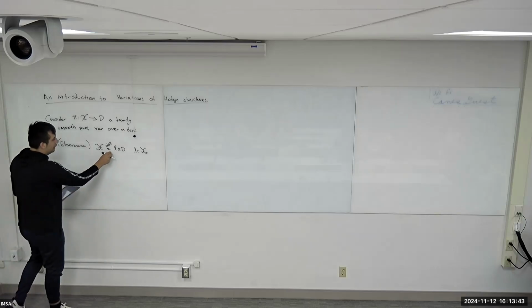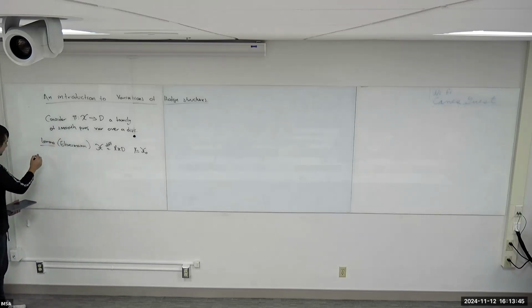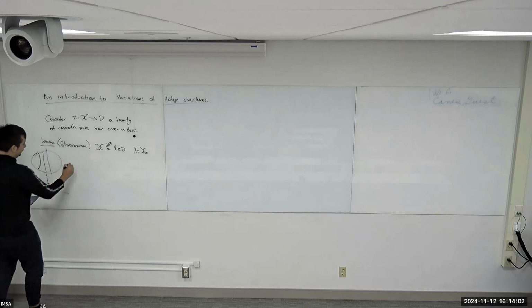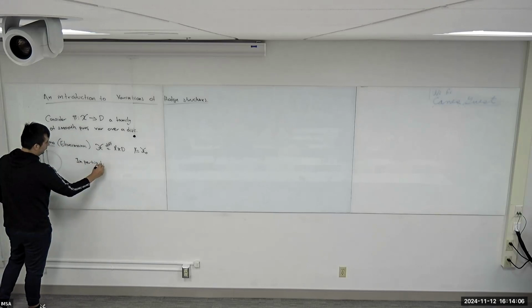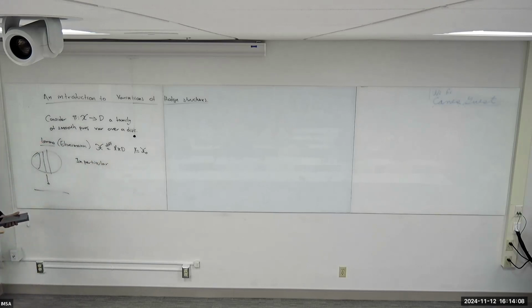What this is telling you is that if you have a family of smooth algebraic varieties defined by a polynomial on some projective space, all these fibers will look the same if you look at the smooth structure. So in particular, topological invariants will be the same.